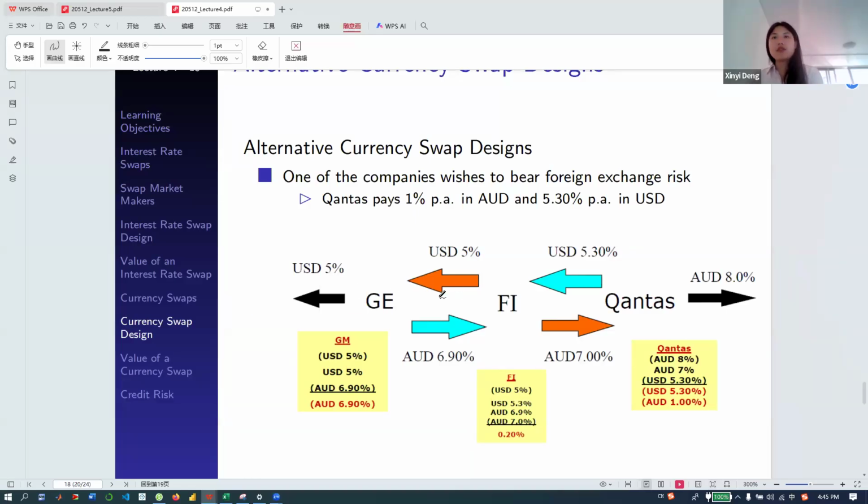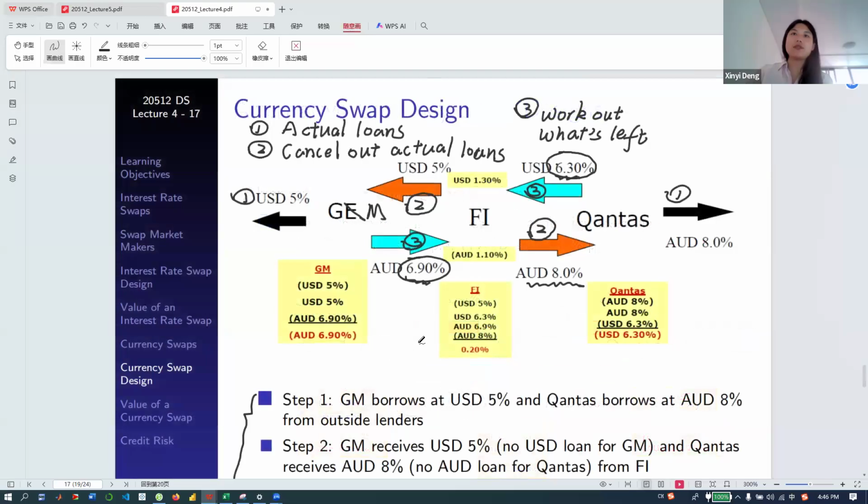I'm not going into the details of this design, but let's just take a look at, sorry, this is a typo again. Let's just take a look at the rate that GM and Qantas pay. So for GM, since this and this cancel each other out, GM is paying out this rate, AUD of 6.9%. So this is the same as the previous design.